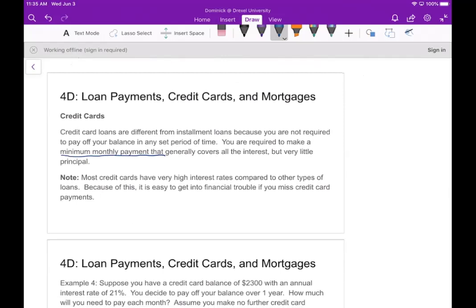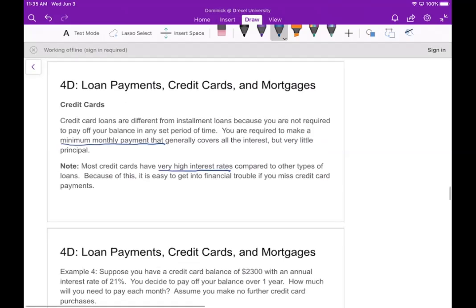In fact, that's what the credit card companies want, because most credit card companies have a very high interest rate compared to other types of loans. So if you don't pay off your loan, you're ultimately going to owe the credit card company more money. They want you to make that minimum monthly payment rather than pay off more, because they make more money if you only pay the minimum monthly payment.